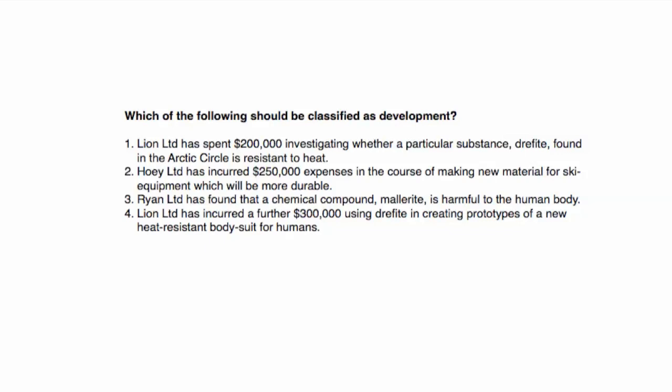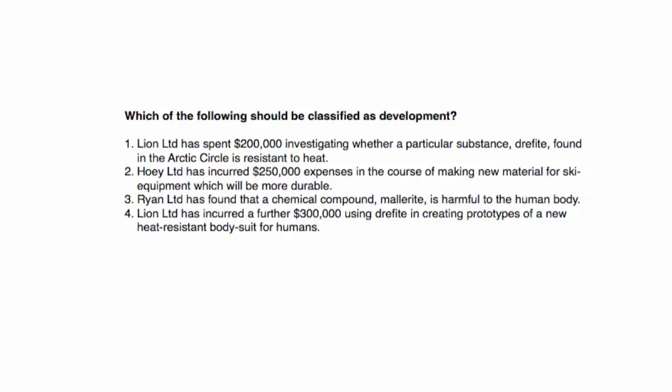In illustration 1, we're asked which of the following should be classified as development. So remember, we need to know this because pure research will be expensed, whereas development expenditure, so long as it meets our criteria, will be capitalized as an intangible asset.